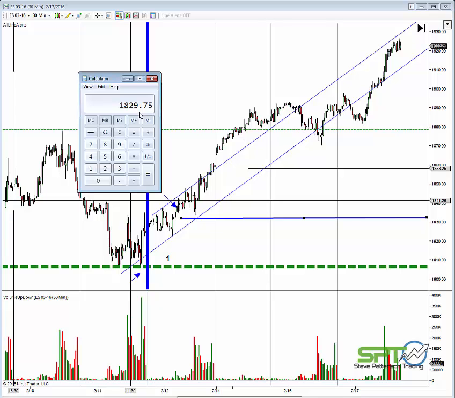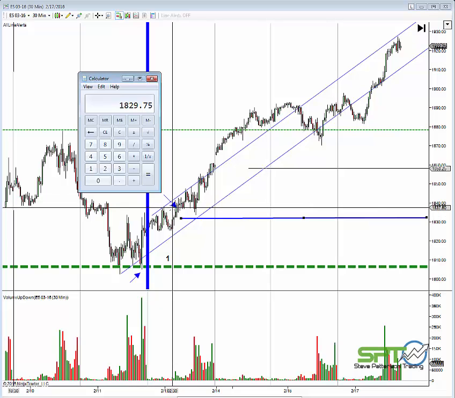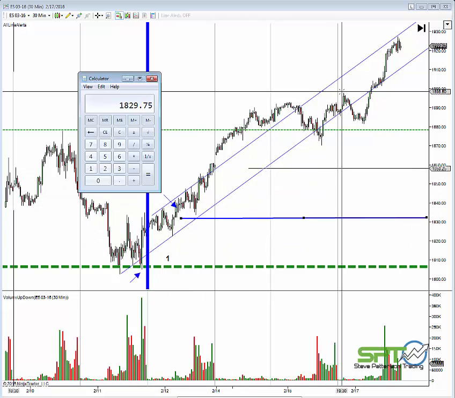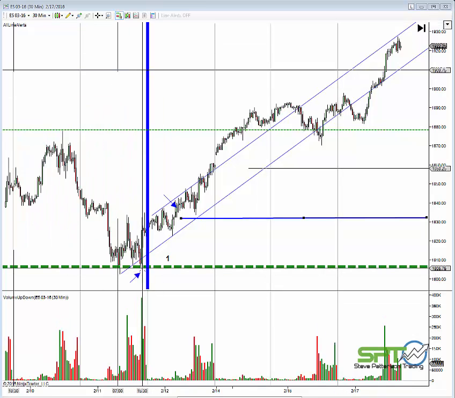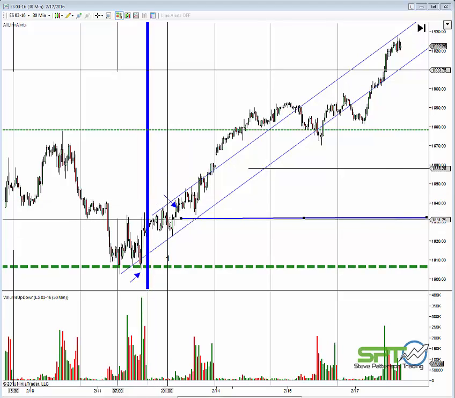Do you understand that in this context, I could have added a 4 lot with the strength of this trend? Make sense? Now, why would you want to add a 4 lot there rather than taking a 5 lot down here? What's the obvious answer? Because I'm right.